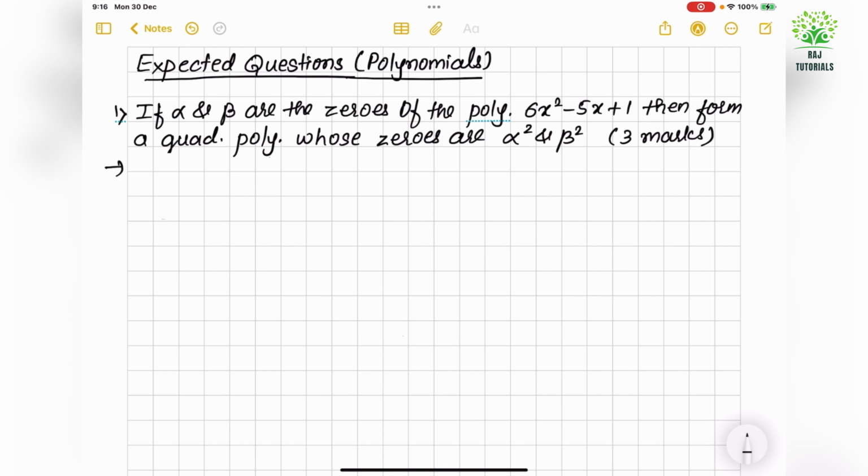So that will be x square minus alpha square plus beta square x plus alpha square beta square.